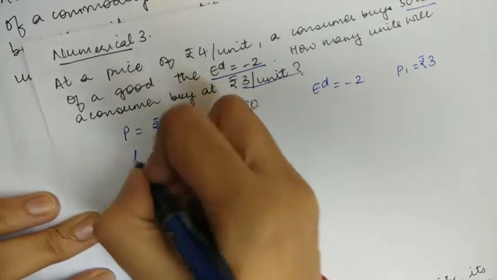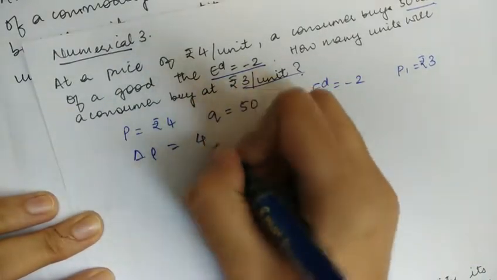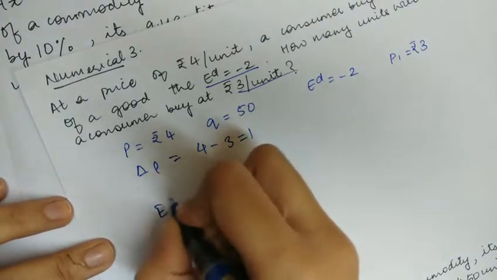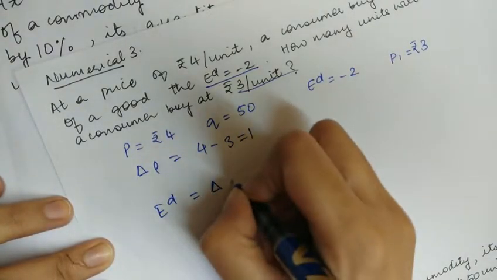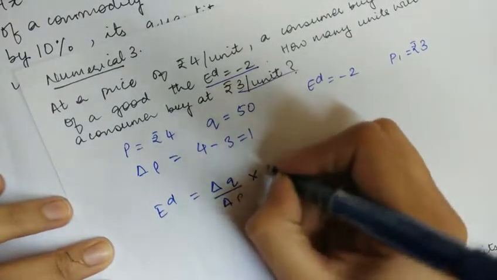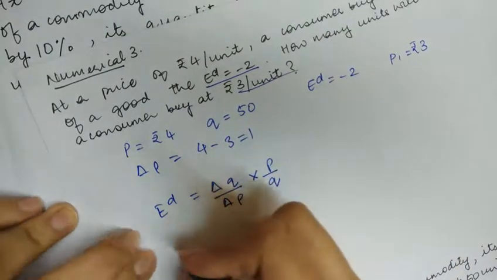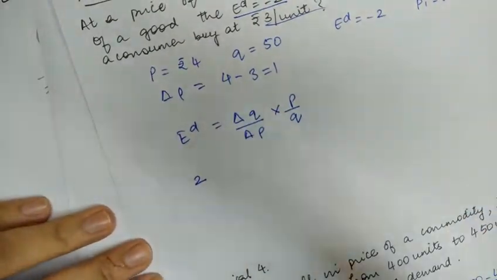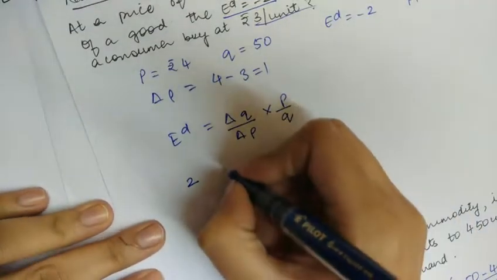So we know that the change in price is 4 minus 3, which is equal to 1. So elasticity of demand is equal to change in Q by change in P into P by Q. We have elasticity of demand, which is equal to 2. We are ignoring the negative sign again.